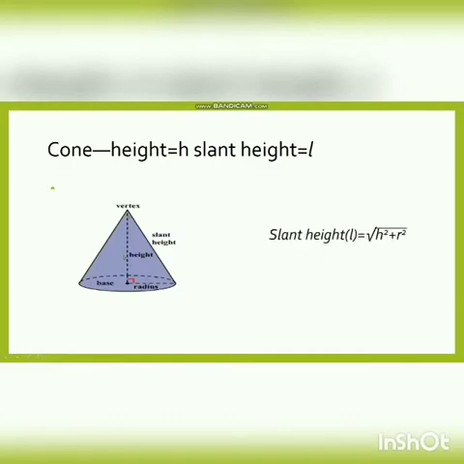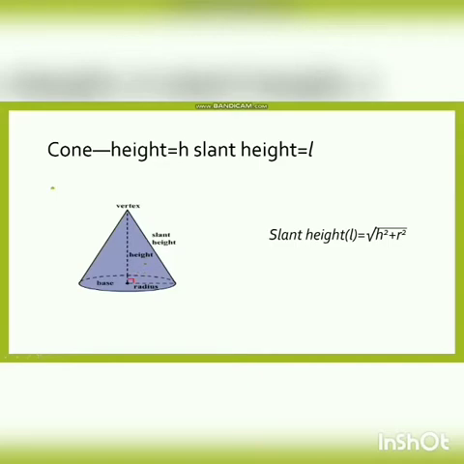Now see in the figure. This is the height, shown by h. This is the radius. This is the slant height. In this diagram, which type of diagram can you see? A right angle triangle.